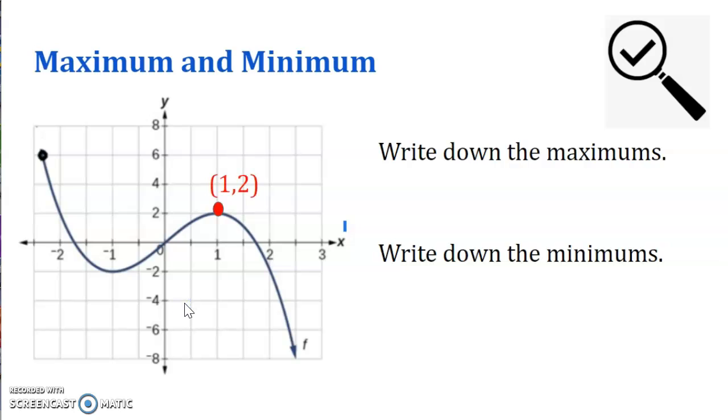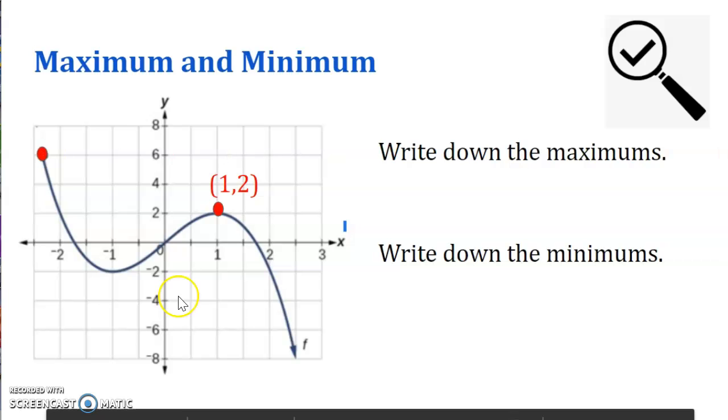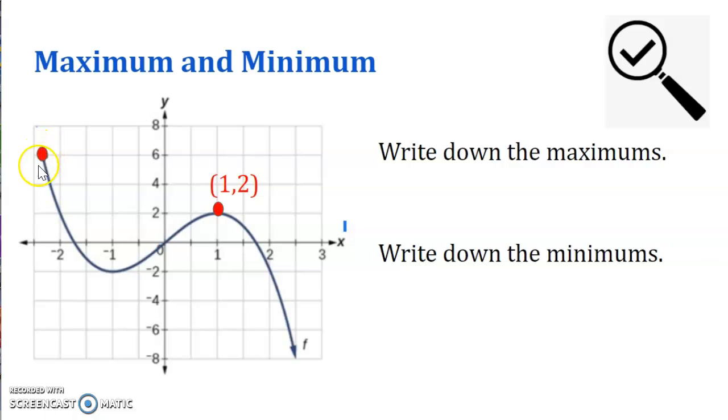Do we have any more maximums? Yes, there is another one right there. Notice that there is no arrow. It stops right there. That means that's the highest point there. So that's going to be negative 2.7, 6, approximately. And the minimum is this point here.